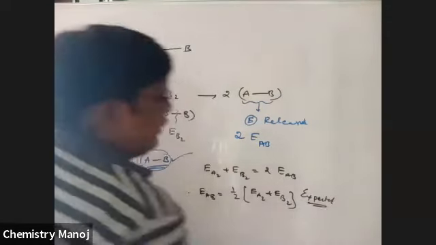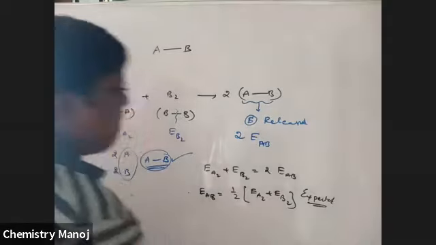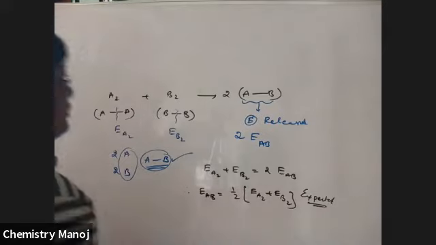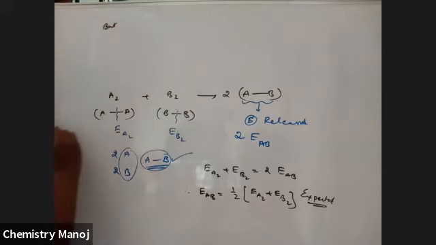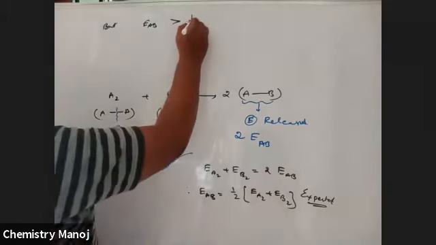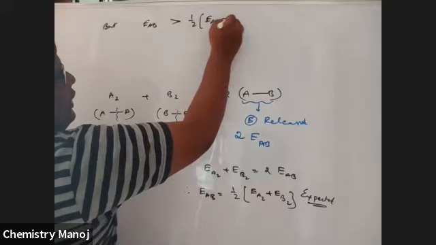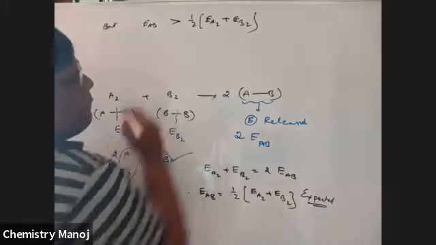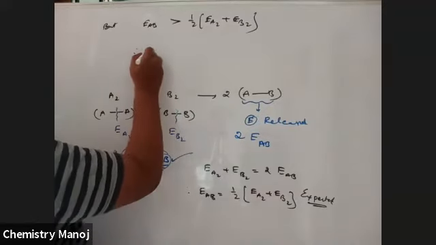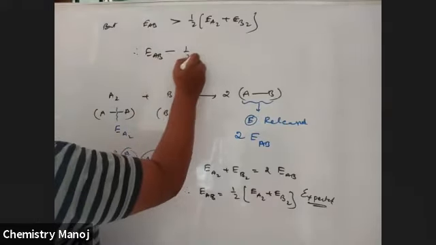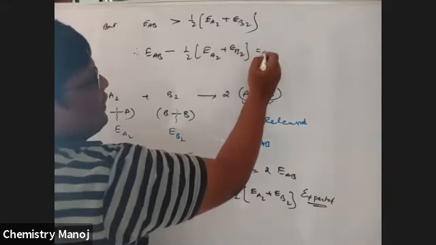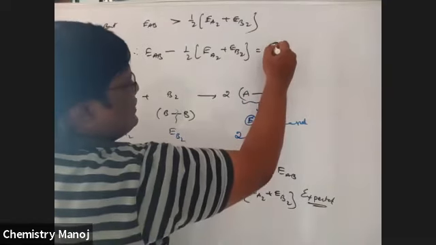But practically, this value is something more than that value. The EAB value is a little bit more than half into the summation of EA2 and EB2. Therefore, there is a little difference between these two energy values. Therefore, EAB minus half into EA2 plus EB2, there is a difference. That difference of energies is taken as the delta.